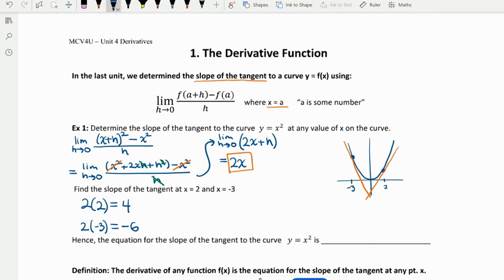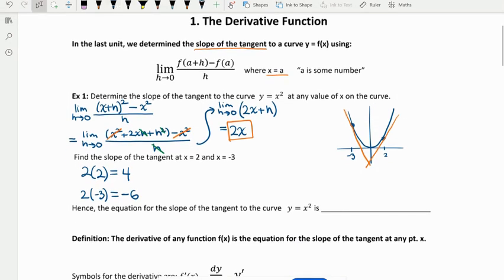Well, plug it into my equation and it's negative 6. So here the equation for the slope of the tangent to the curve y equals x squared is 2x. And I can plug it into this equation to find any slope of the tangent for any different point on this curve.